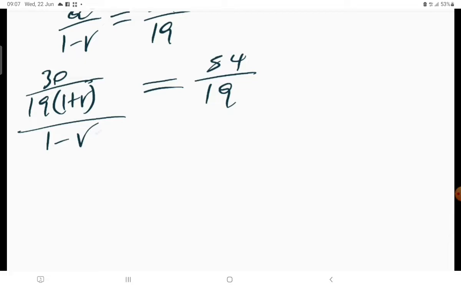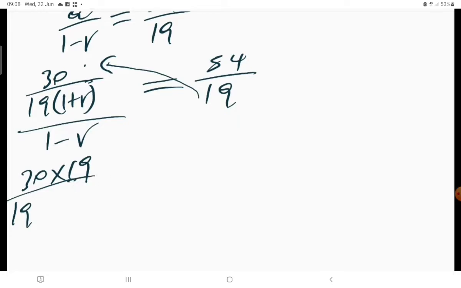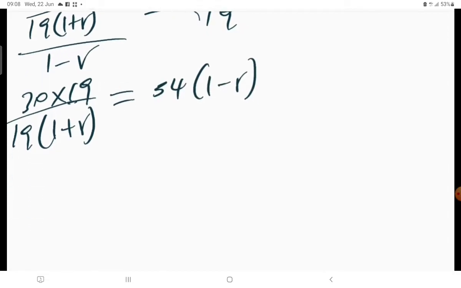Now let's move together. It's this one. Okay, let's just show all the calculations. We have 19 here, and this 19 is going to multiply this 30, which means we have 19 times 30 times 1 plus r, then is equal to 54 into 1 minus r, so this 19 is going to cancel that 19.